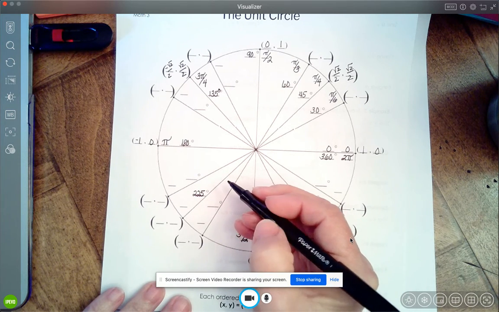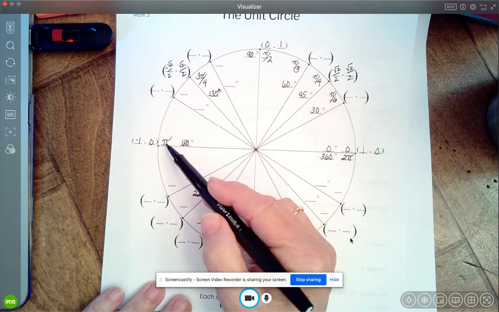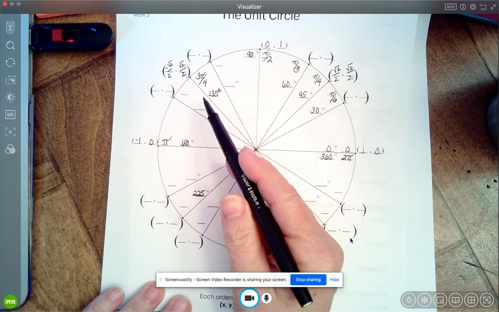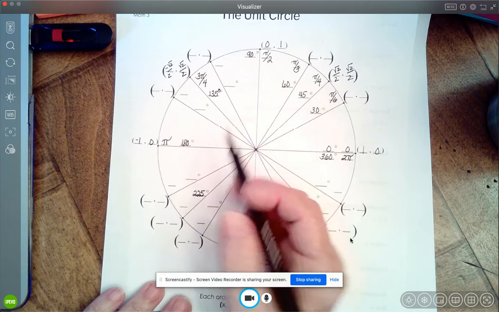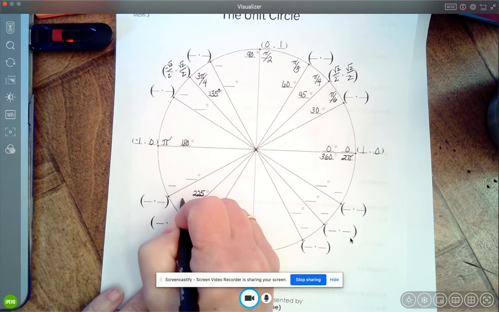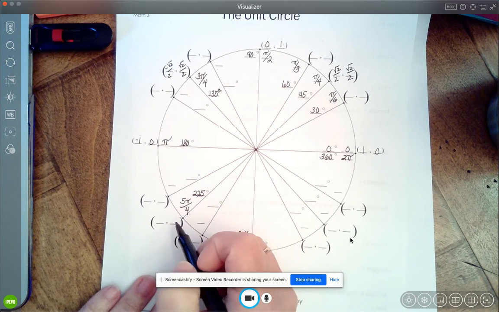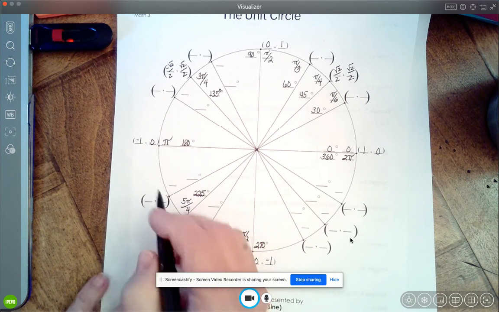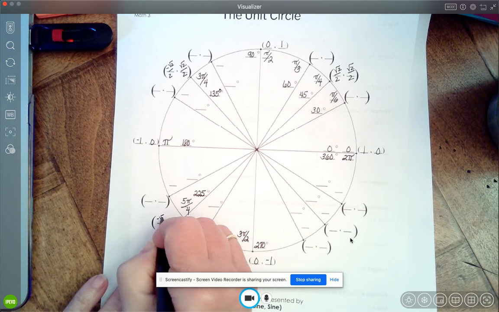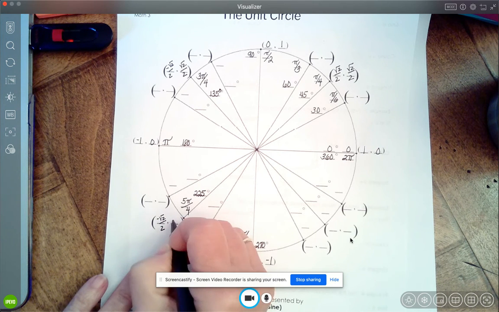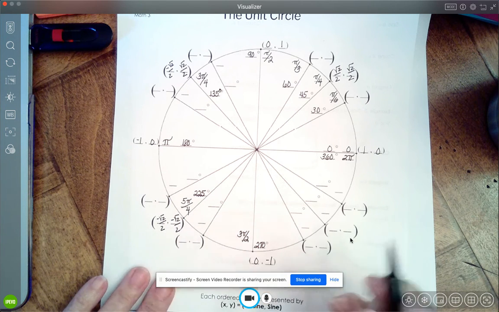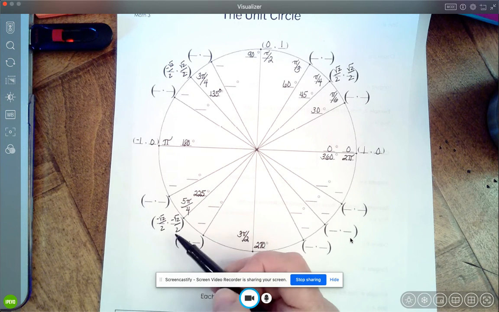And if I take the pi and add pi over 4 to it, this is 5 pi over 4. So down here, I have gone over negative square root of 2 over 2, and I've gone down negative square root of 2 over 2. My cosine and my sine value for these.